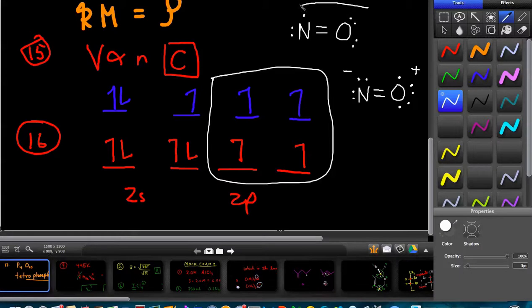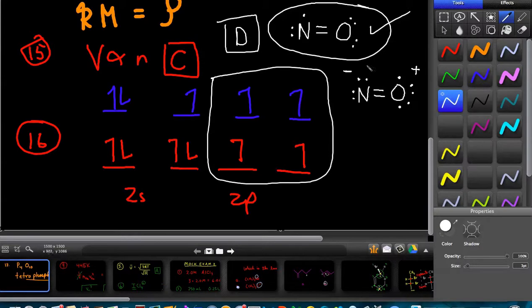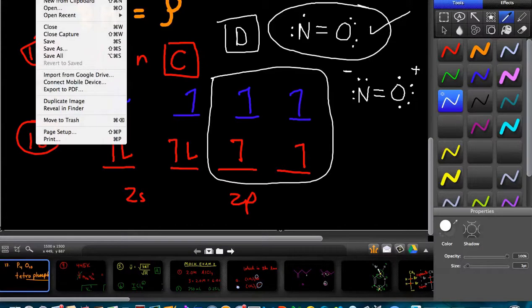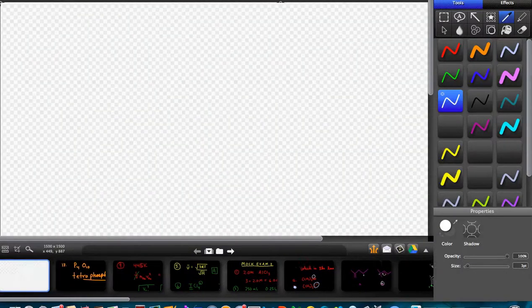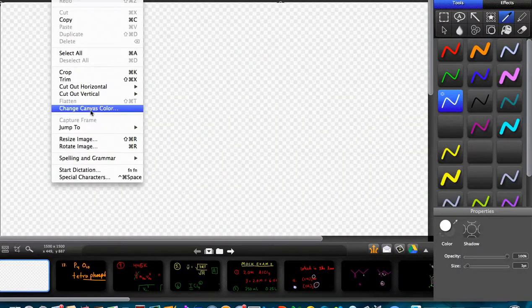The best answer is going to be this one, which is answer choice D. The real answer is they're both delocalized. Neither one of these are really correct, but the best Lewis structure, the most stable of those 2 structures, is going to be answer choice D. Let's finish up with number 17.